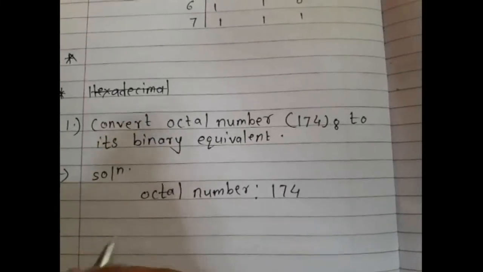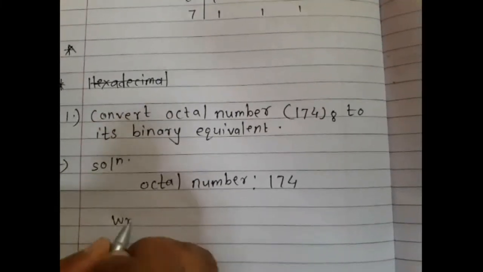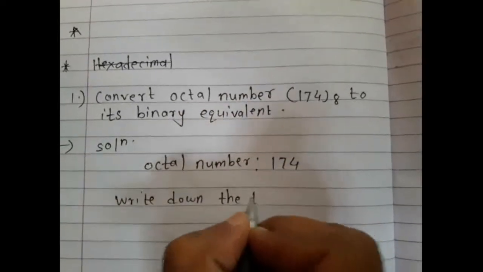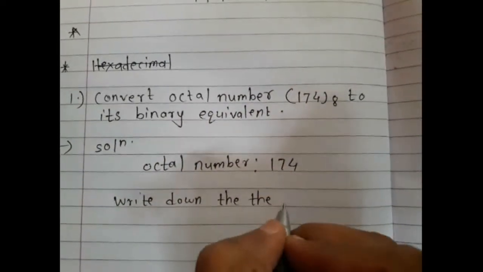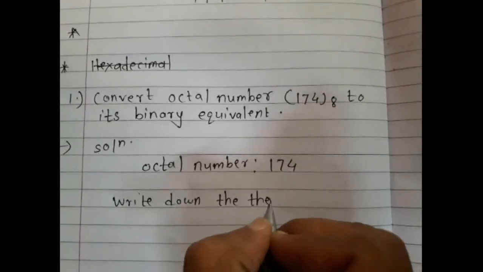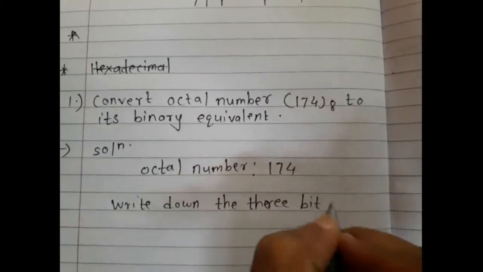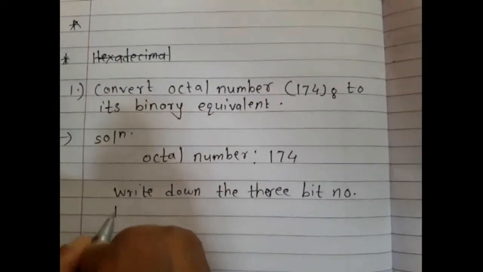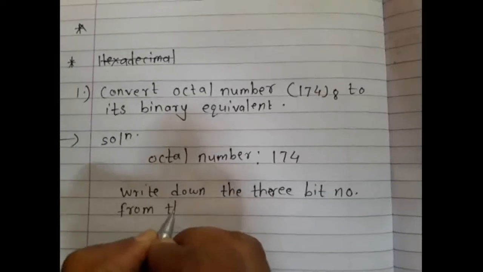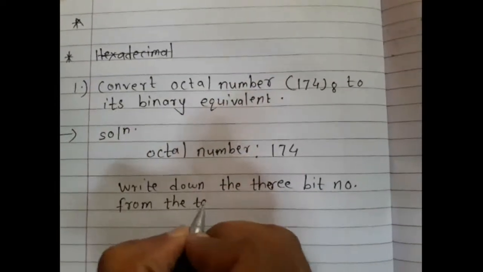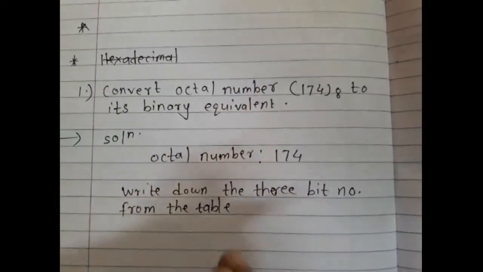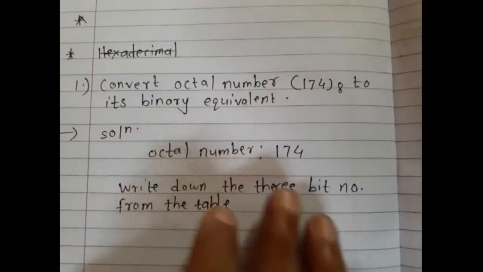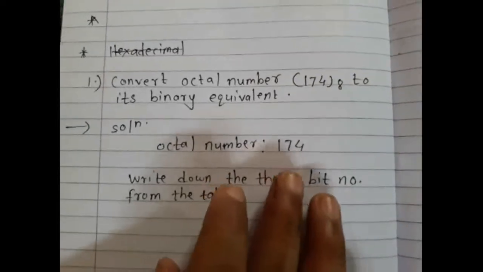You have to write down the 3-bit number from the table. From the table you have to write that number for each octal digit.